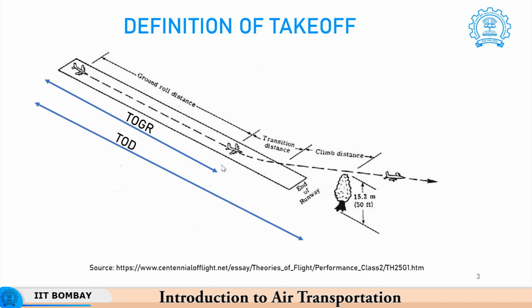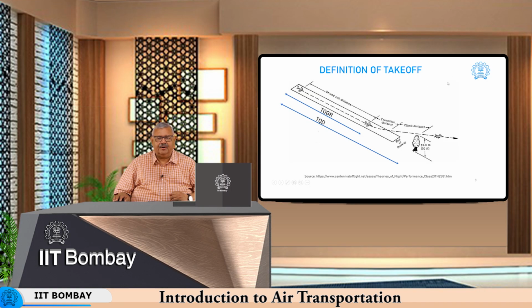The takeoff distance is from the point where the aircraft was stationary, speed was 0, till the point on the ground where it clears the obstacle height. That is the takeoff distance. So, takeoff run and takeoff distance are two different parameters. The takeoff distance includes takeoff run plus the air distance consisting of transition and climb to the obstacle height.